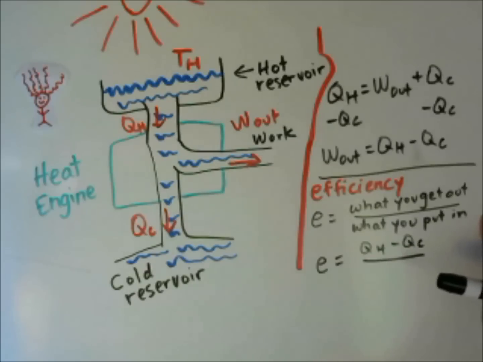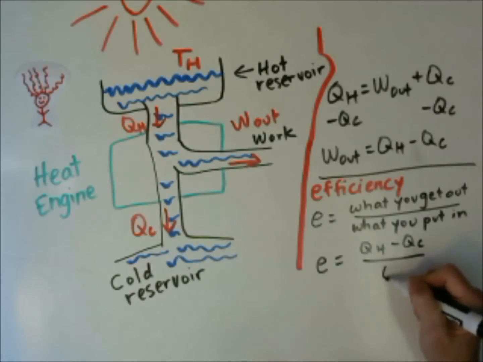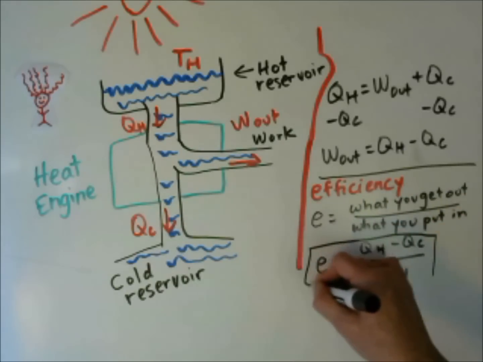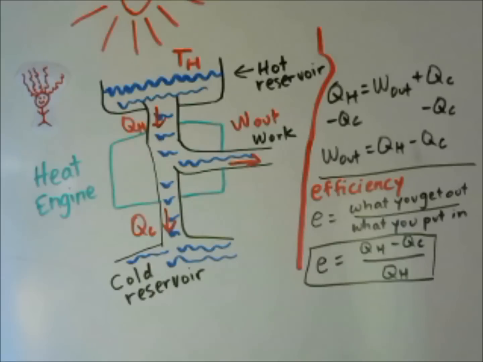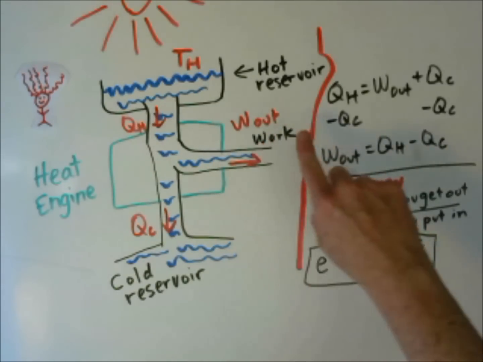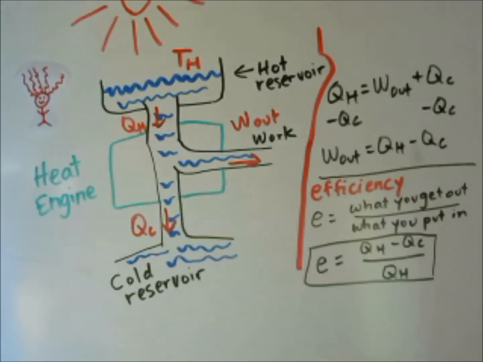And what we put into our heat engine is just the heat in, the heat from the hot reservoir. So the efficiency of a heat engine is right here. Now the trick is, no heat engine is 100% efficient. Some energy will always be lost to the heat that comes out at the bottom. All the energy won't go into work. Some of it will have to go down into the cold reservoir.